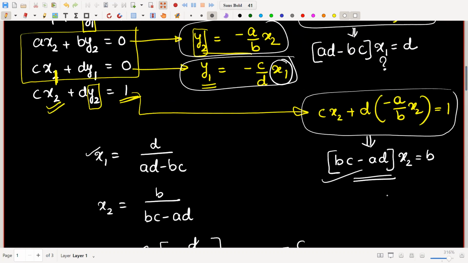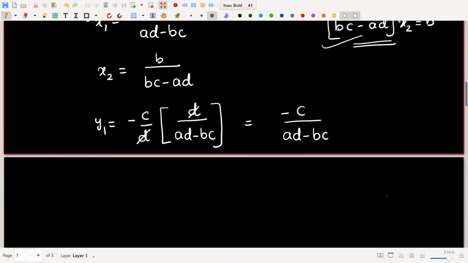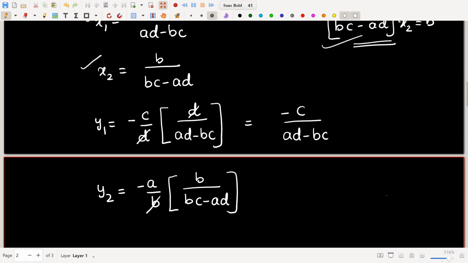Now, similarly, we have y2 is equal to minus a by b x2, where x2 is equal to b over bc minus ad. So you plug in x2 and these two cancel out.